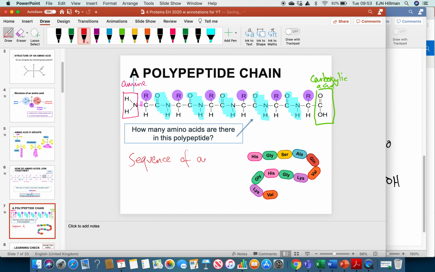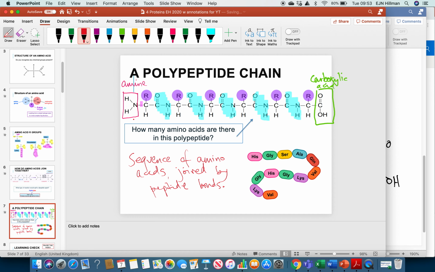So a polypeptide chain is what we sometimes refer to as a sequence of amino acids joined by peptide bonds. And that sequence of amino acids is really important.